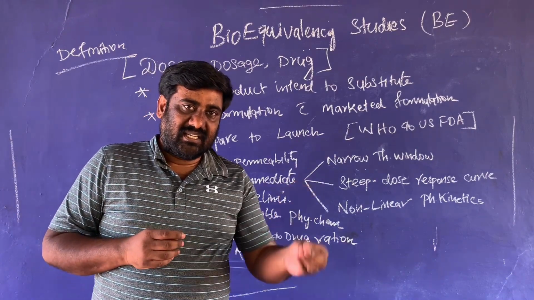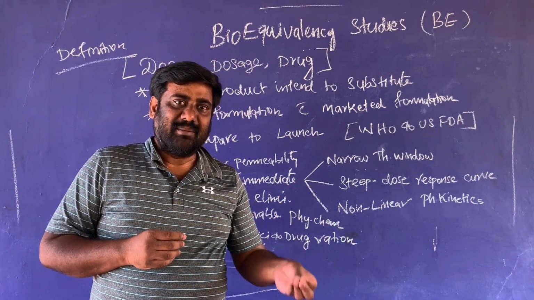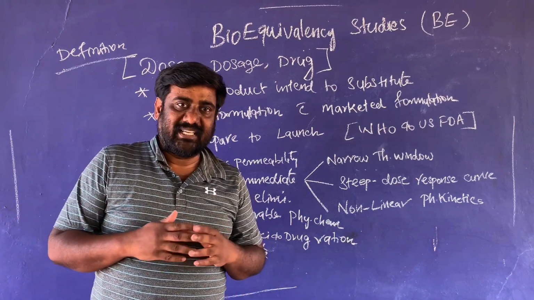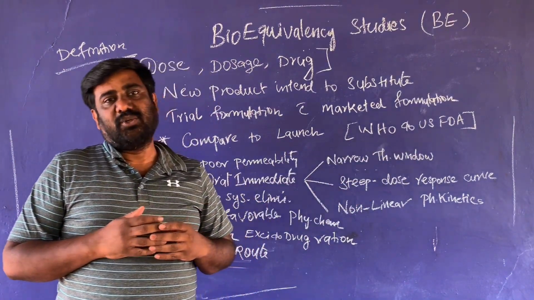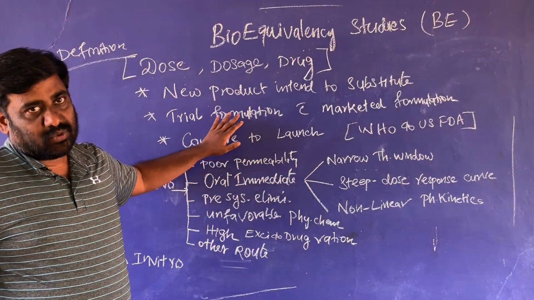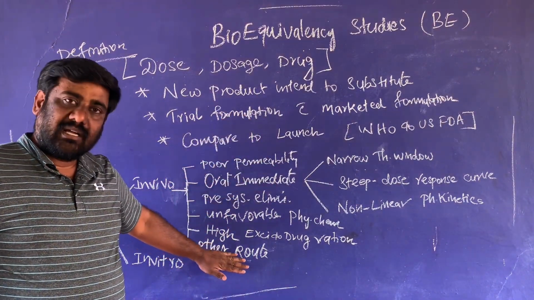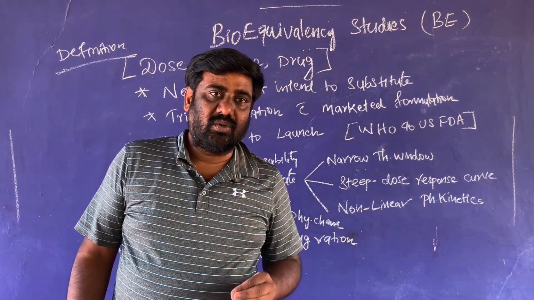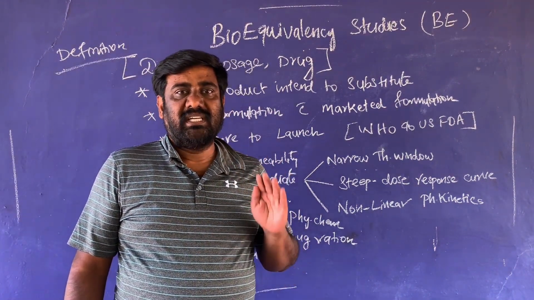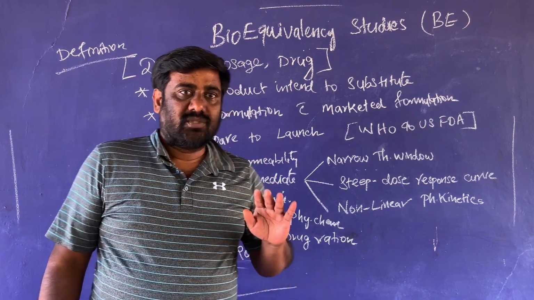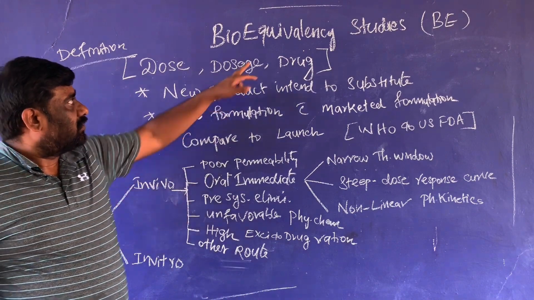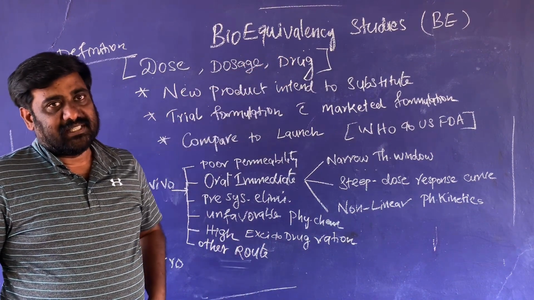For example, the drug quantity is very minimal, like 10 mg or 20 mg, and if the excipients are more, like 100 gram, 150 gram, 130 gram, then this ratio will be very huge. In such cases, we should go for in vivo studies. And last, if the drug is administered by a route other than oral, we must do an in vivo study only. So, in these conditions, we will do in vivo studies to check the bioequivalency.